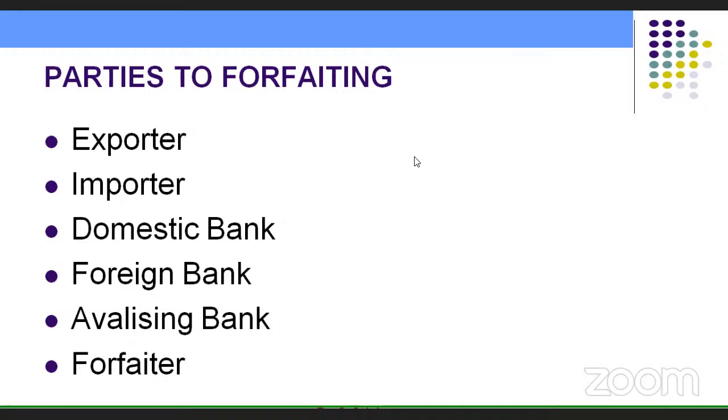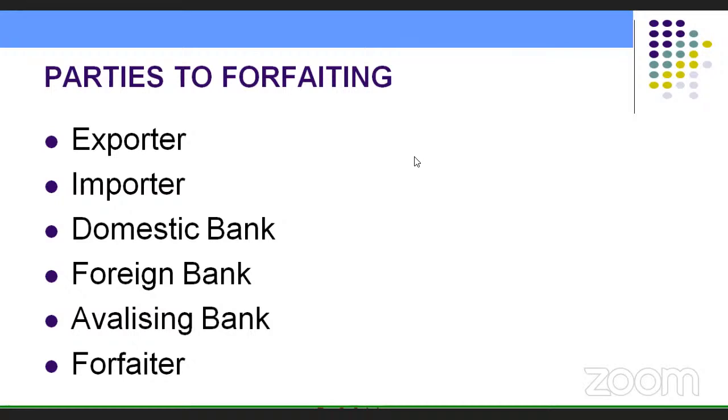Then the forfaiter. Forfaiter means an agency which discounts the negotiable instruments where there is an unconditional guarantee received by the exporter from the importer. It means the finance provider to the exporter: the agency which will take the negotiable instrument, the letter of credit, from the exporter and gives money to the exporter on an unconditional basis is called the forfaiter.